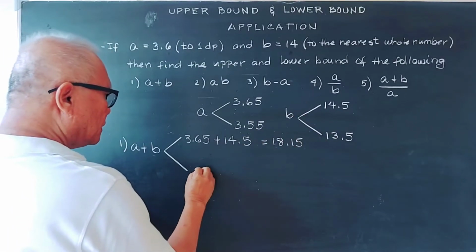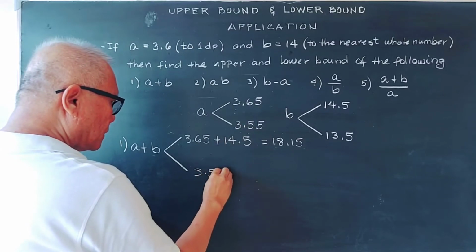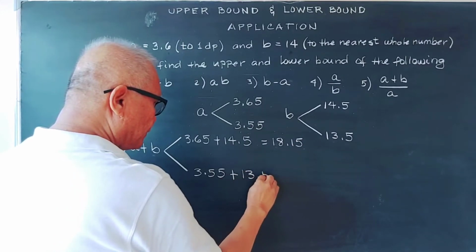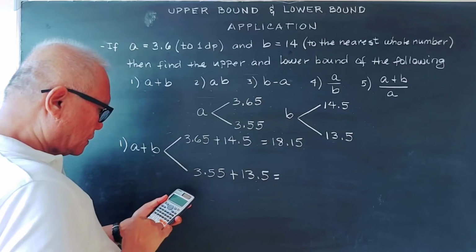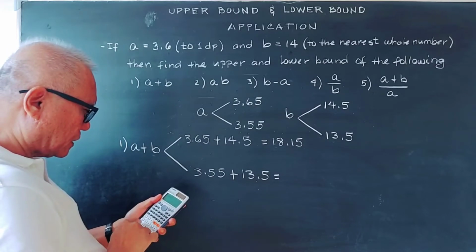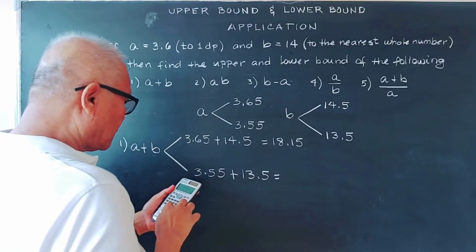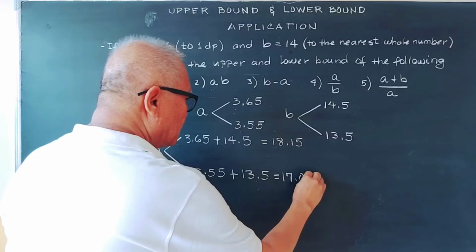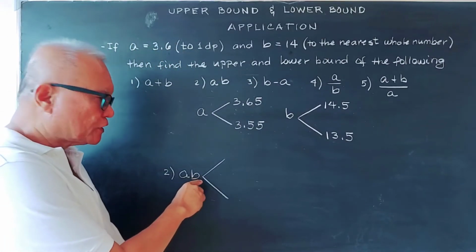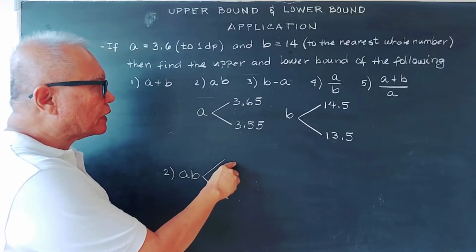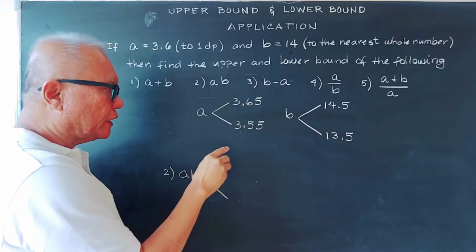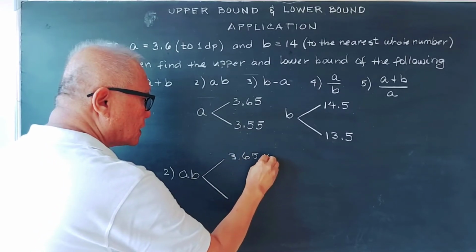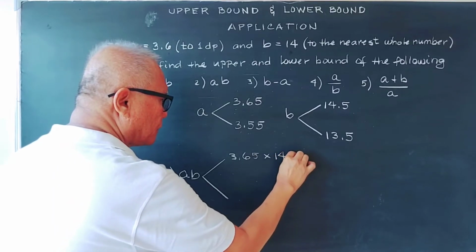So we're going to add 3.55 plus 13.5, which is equal to 17.05. Number 2, we have A times B. To get the upper bound, we have to multiply the upper bounds of A and B. So we have 3.65 times 14.5.